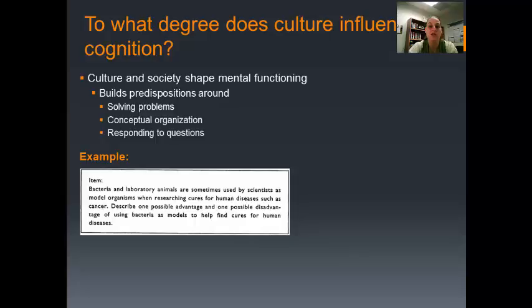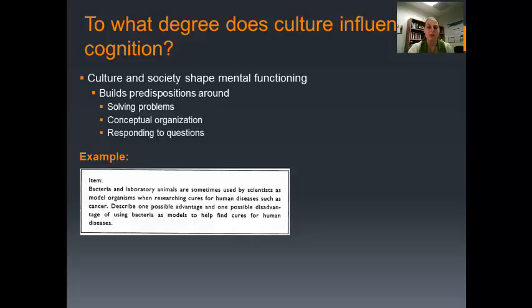Now, imagine that we are in school, and this test question has been given to a student, an English language learner. The item says, bacteria and laboratory animals are sometimes used by scientists as model organisms when researching cures for human diseases such as cancer. Describe one possible advantage and one possible disadvantage of using bacteria as models to help find cures for human diseases.